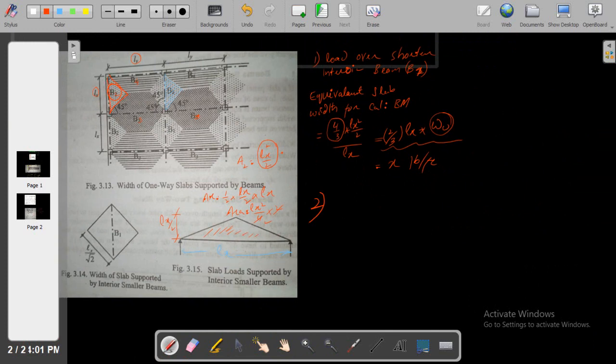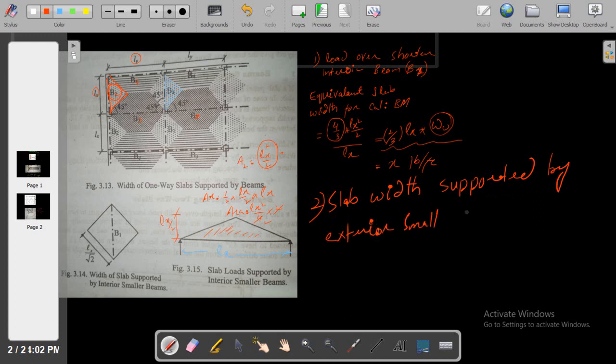So in the case of one triangle, now the slab width supported by the exterior smaller beam, that is B2.